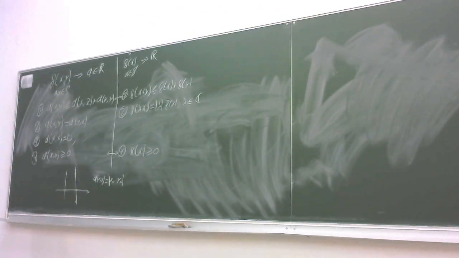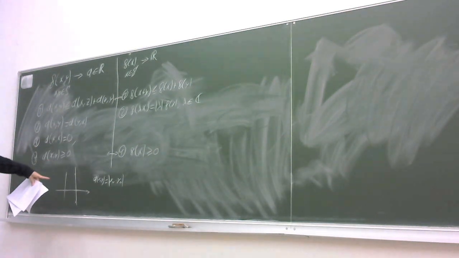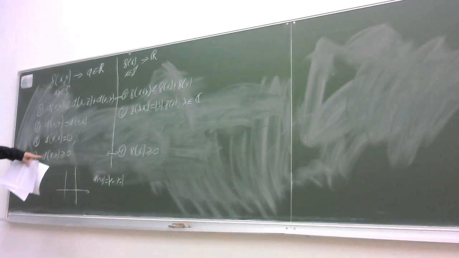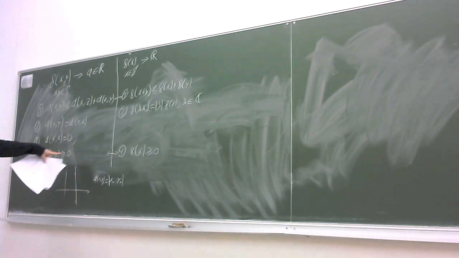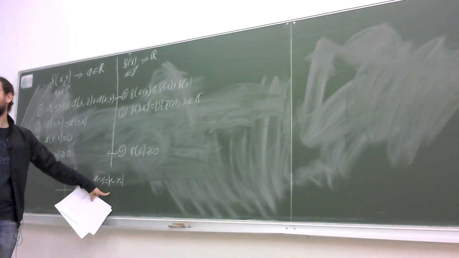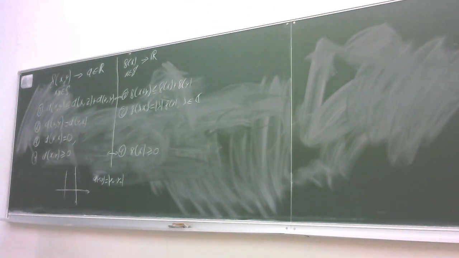But in fact this is a distance, because it fulfills all the properties of a distance. I will talk about this later. Strictly speaking, it doesn't come from a norm, but it still fulfills all the properties. This is in fact the Euclidean distance if you only take one direction.